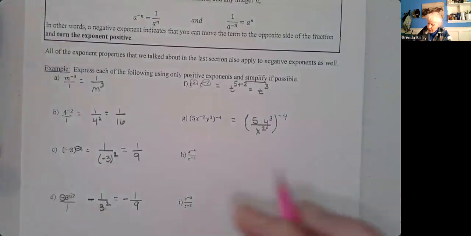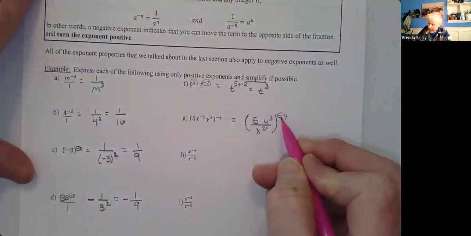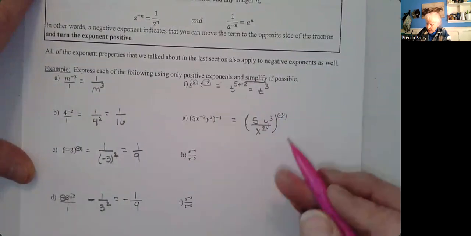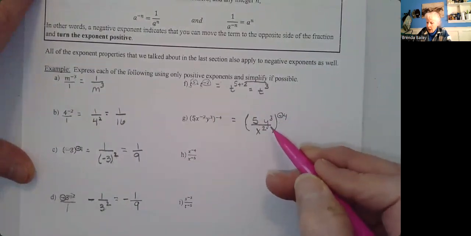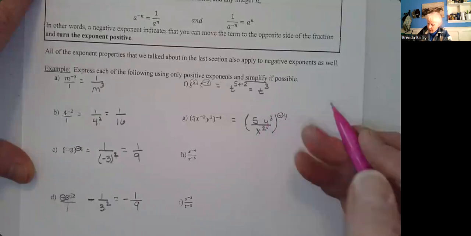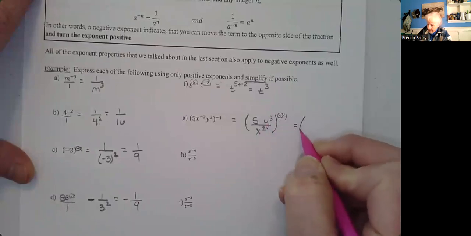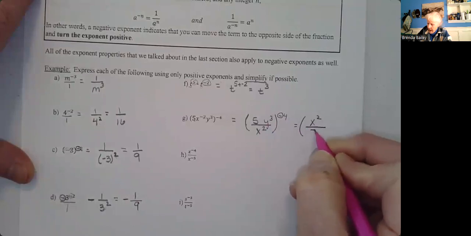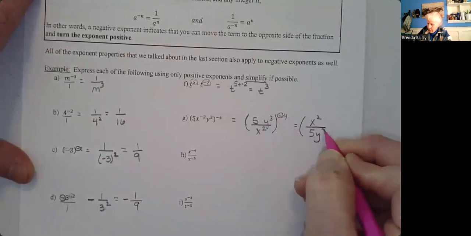All right. Now I'm going to get rid of my negative exponent. And what that means is everything in the parentheses is going to change positions. So it's going to become x squared over 5y cubed.